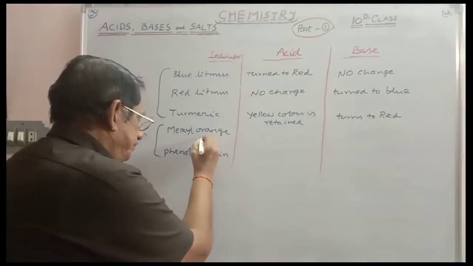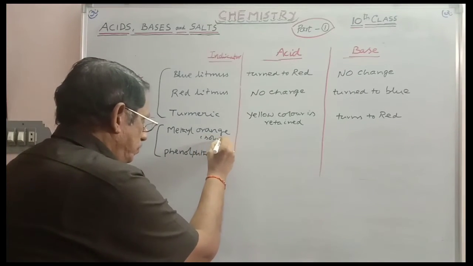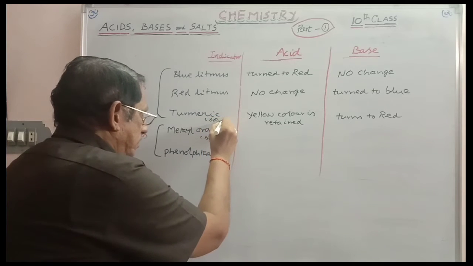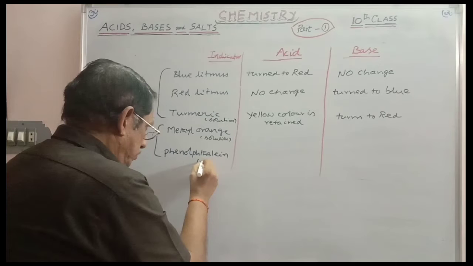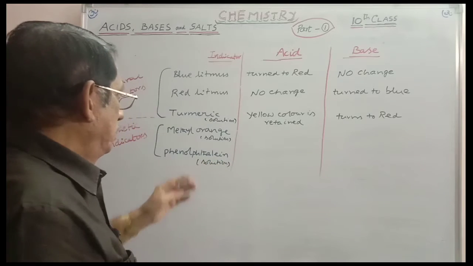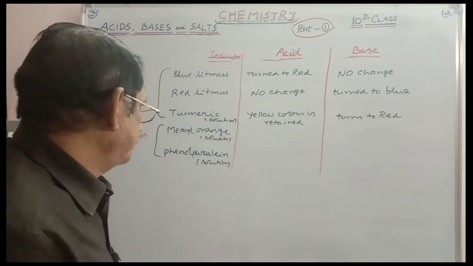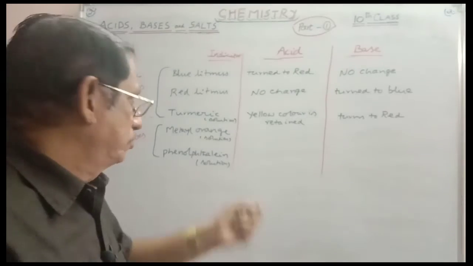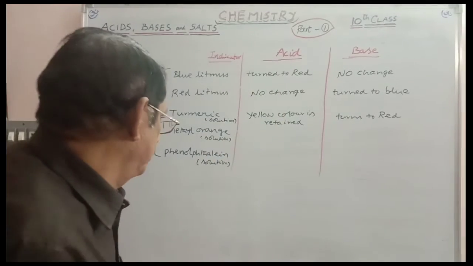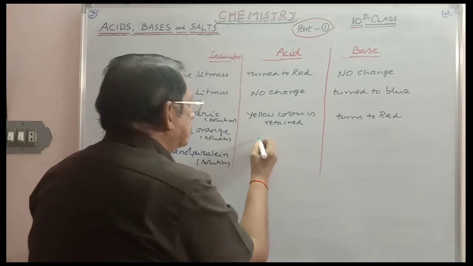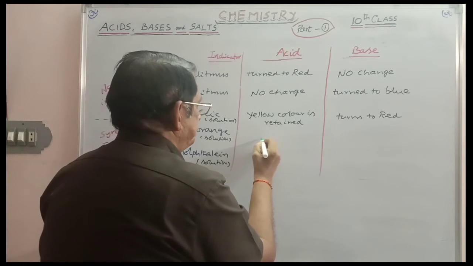This is solution, you are taking. Of course, this is paper. So when methyl orange solution, 1 or 2 drops of solution is dropped into the acid solution, what happens? It turns to pink color or red color.